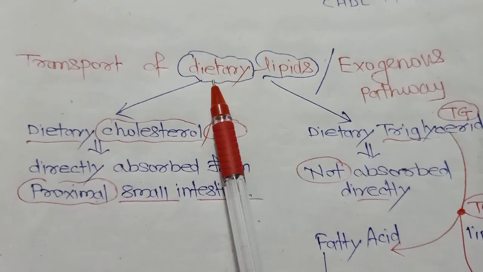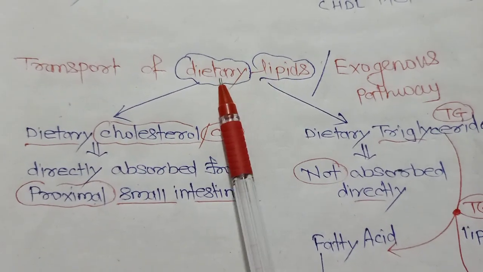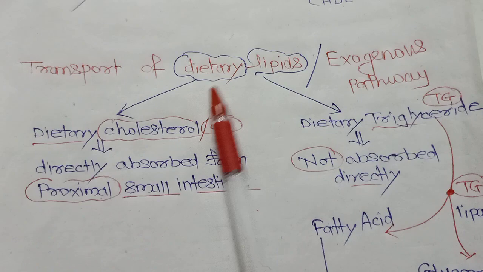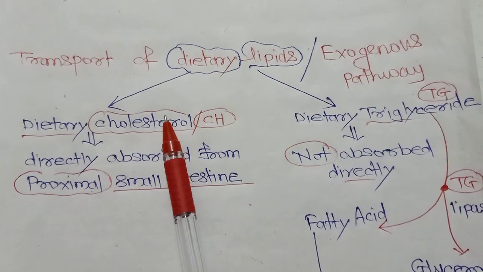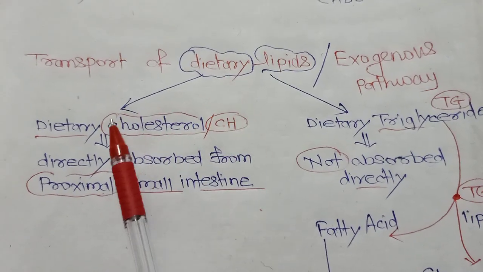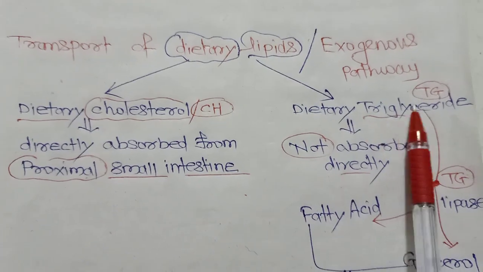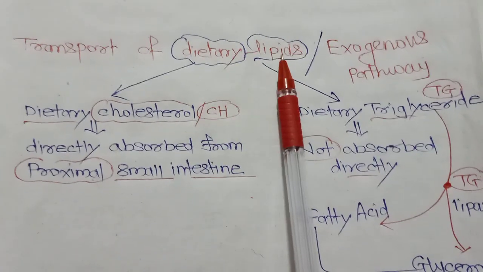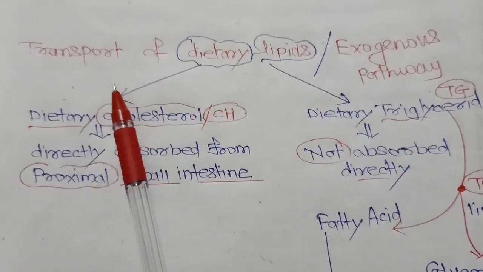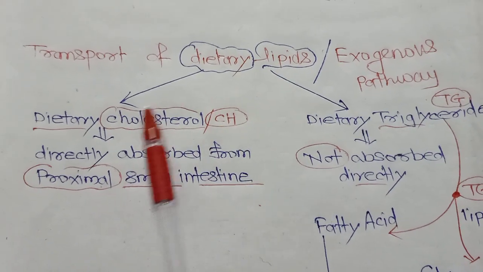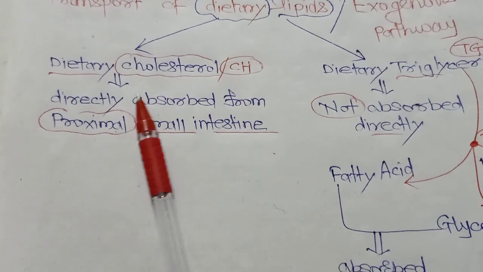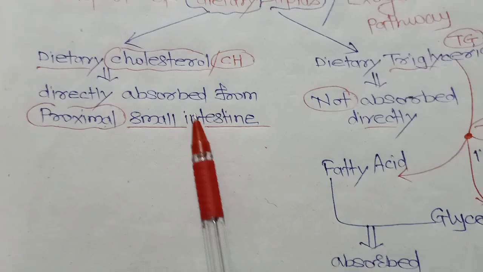What happens when we take dietary lipids? These dietary lipids are mainly of two types, dietary cholesterol and dietary triglycerides.